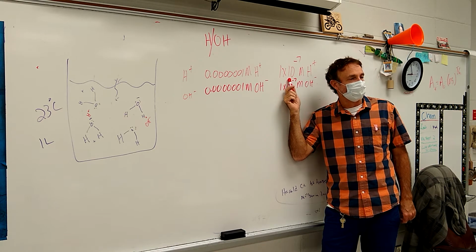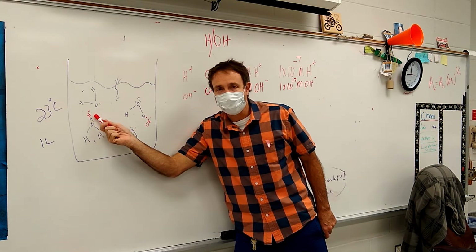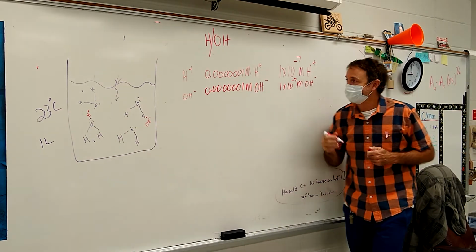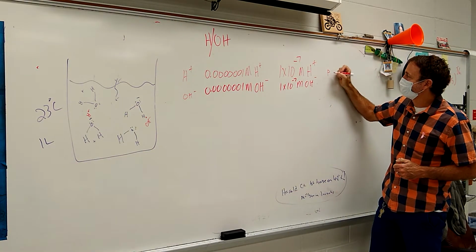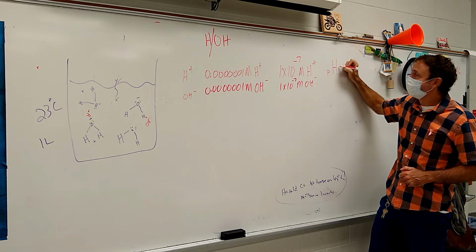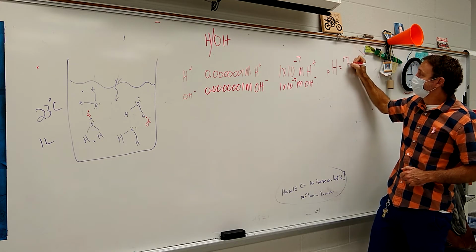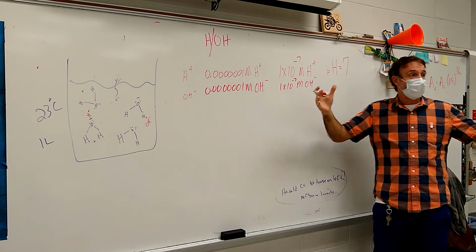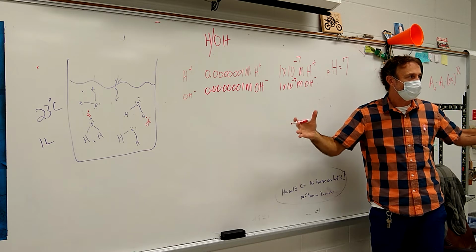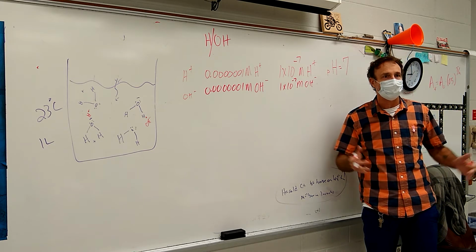Another way to write the molarity of free H's in a liter of water at room temperature is this. It has a percent hydronium, a pH, of 7. That's what pH means.